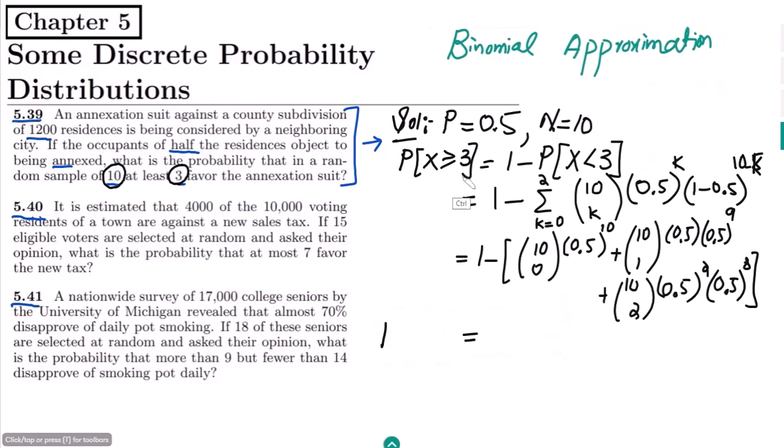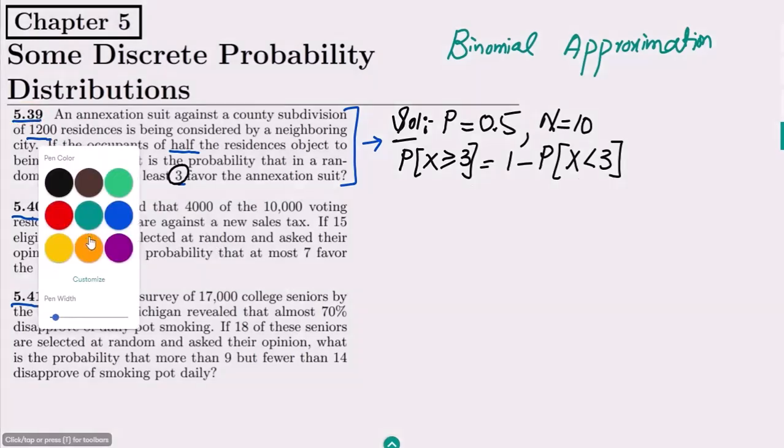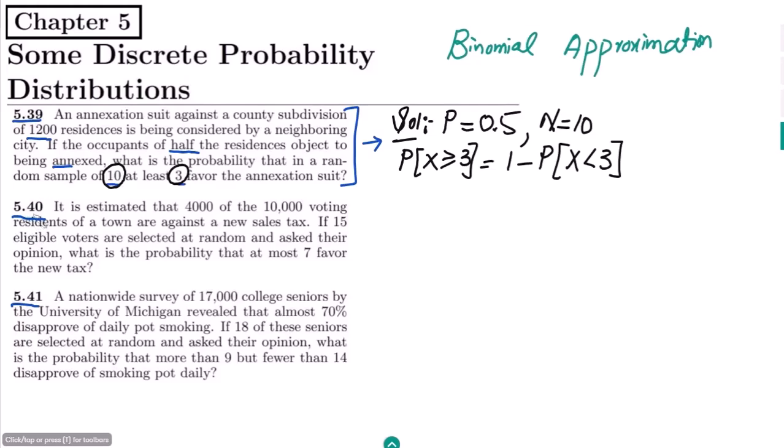So let me remove it, and now let me move to question 5.40. It is estimated that 4,000 of the 10,000 voting residents of a town are against a new sales tax. So here the total number of voters and the number of voters against the tax are given.